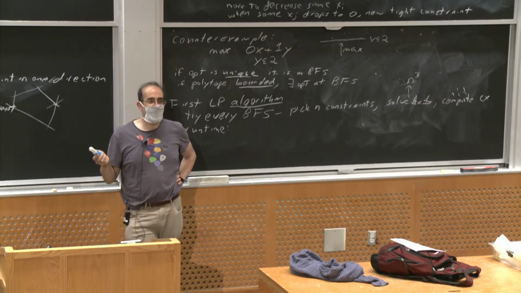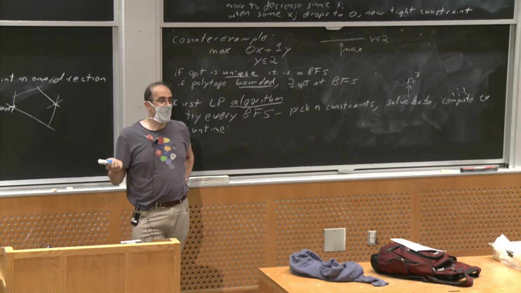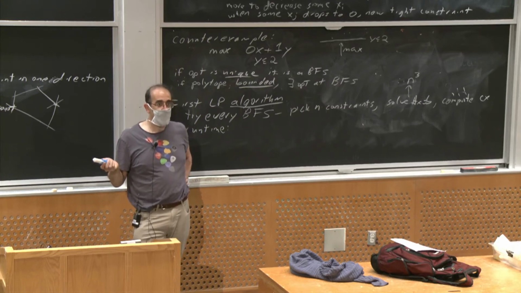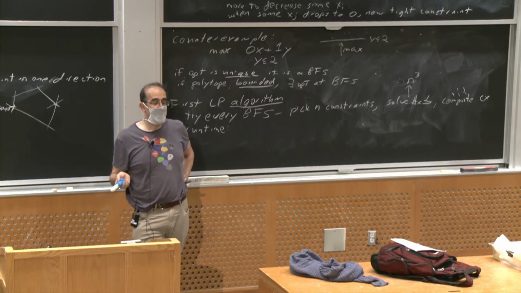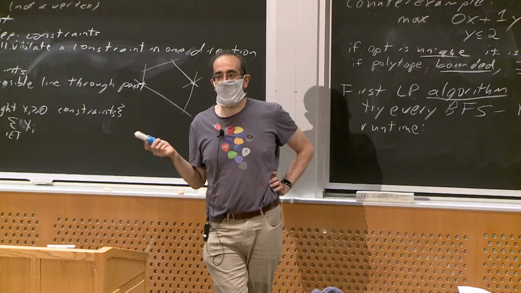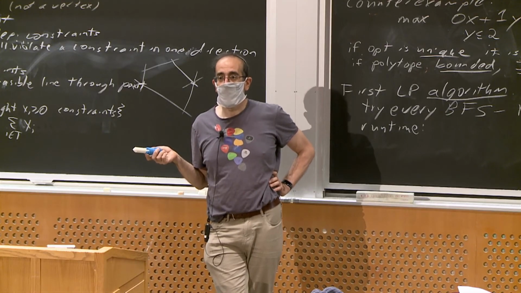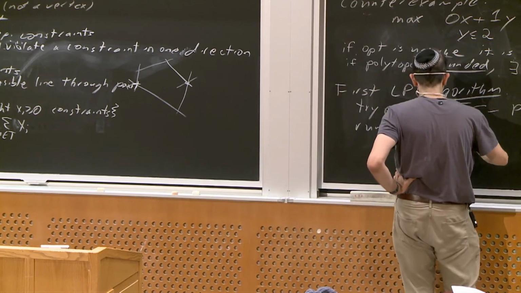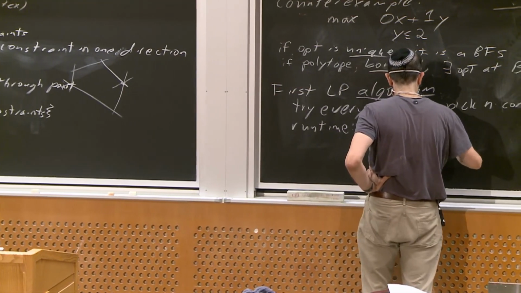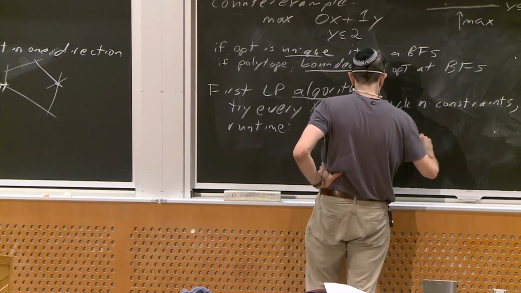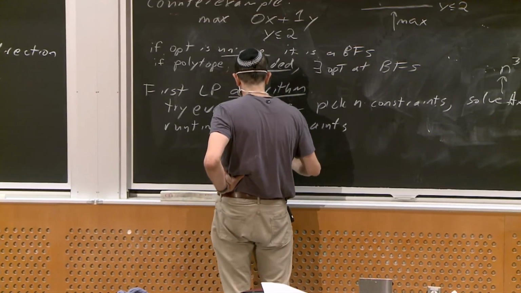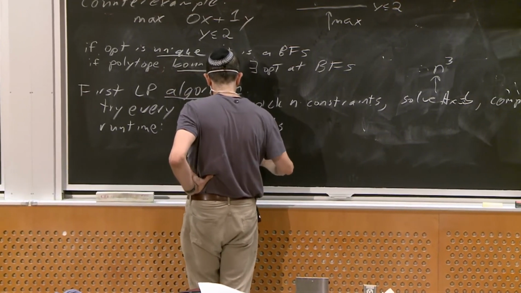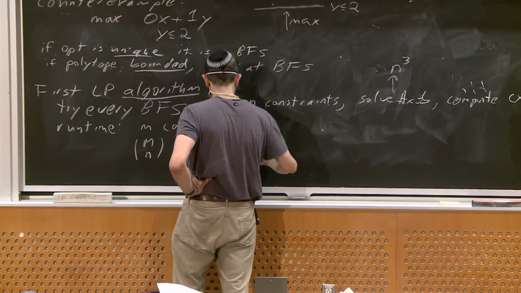Now, as we've just been discussing, at the end of the day, only n of those constraints matter, right? All of the others are redundant to the problem because they don't change the optimum. So would it be m choose n? Exactly. If there are m constraints, then you just go through picking m choose n possible basic feasible solutions.